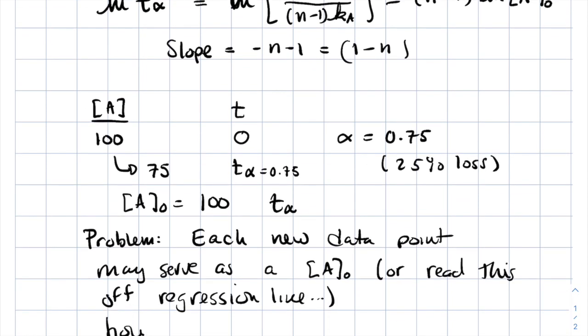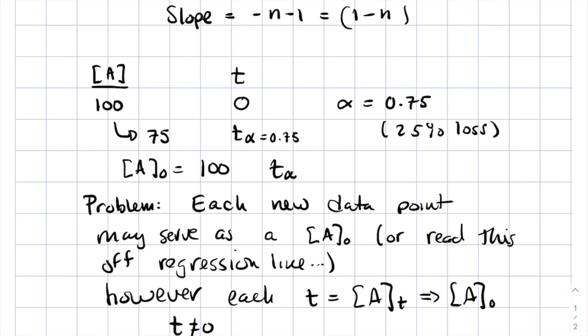However, when we do this, each T corresponding to this now A of T, which we're going to set equal to an initial concentration, this T is not 0 like it is in our first point of 100.